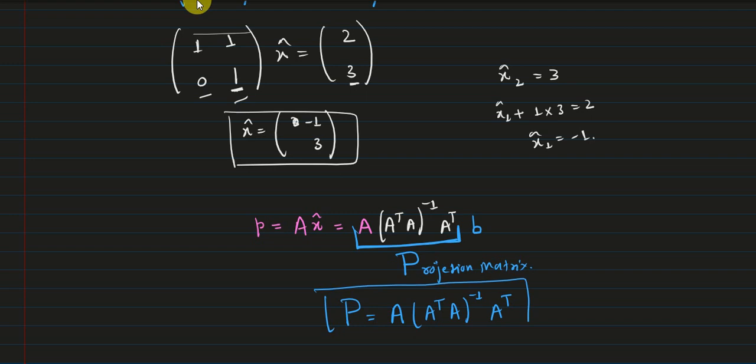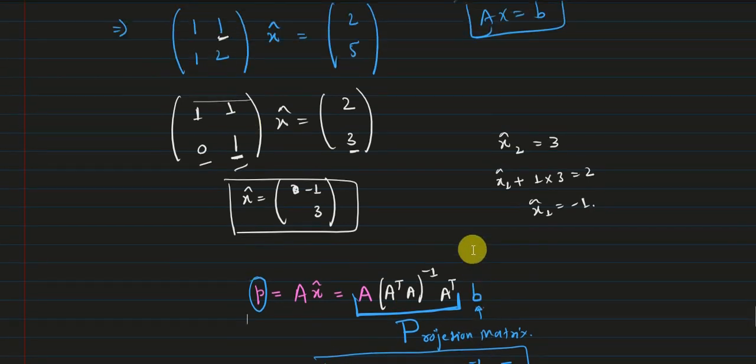To find this, first you have to find A transpose A inverse, then multiply, and then you will get this projection matrix. Whatever projection matrix you get, multiply it with b, and that projection matrix will transform b to the projected vector p. If you would like to see this also, then we can go for it.